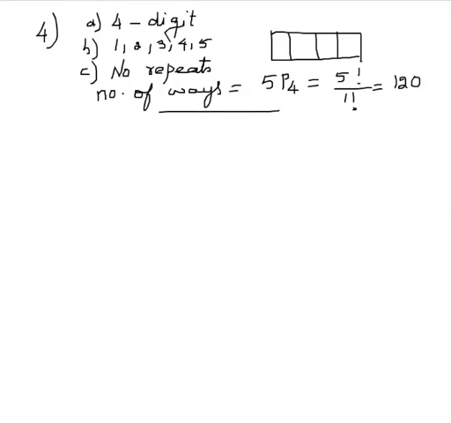Now the second part of the question is, how many of these will be even? So we have one more condition, it should be an even number. We decide whether the number is even or odd by looking at the units place digit. So this has a condition, so fill that up first. If a condition is there for a certain position, we cannot include that in the P formula.